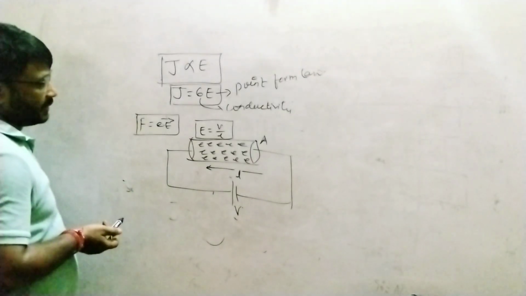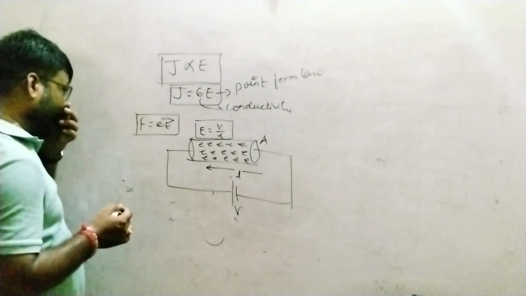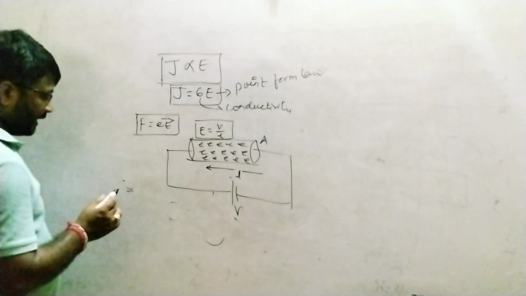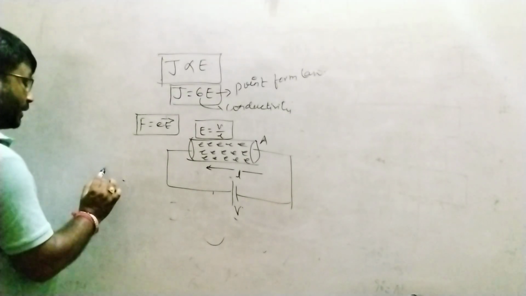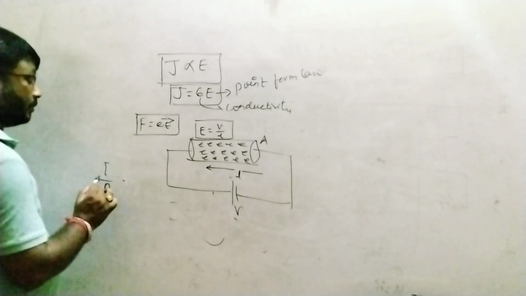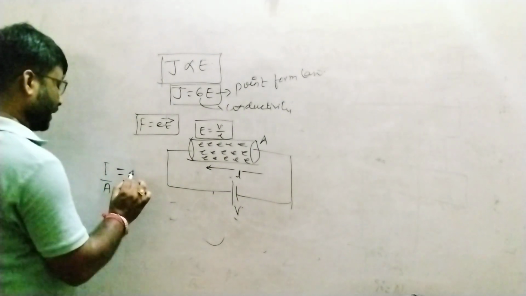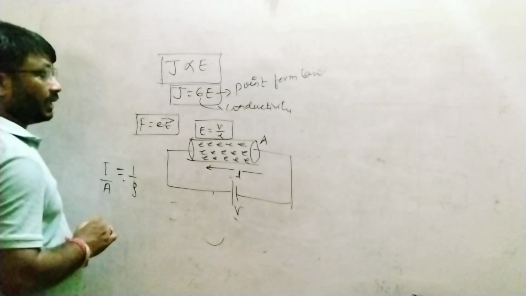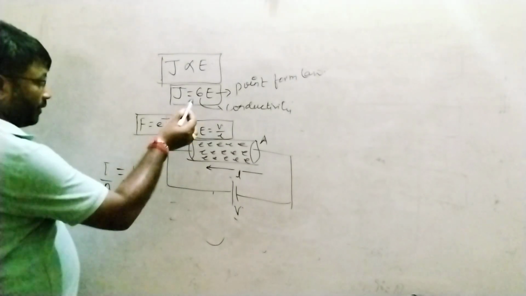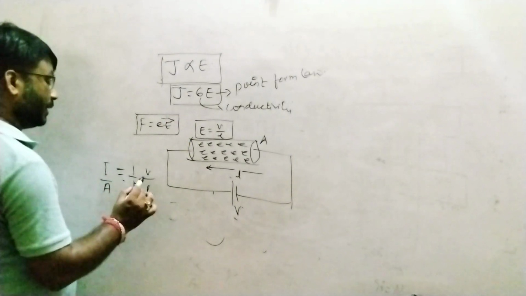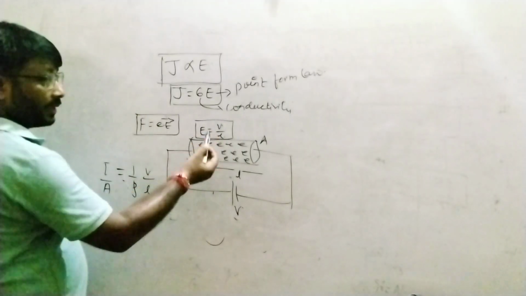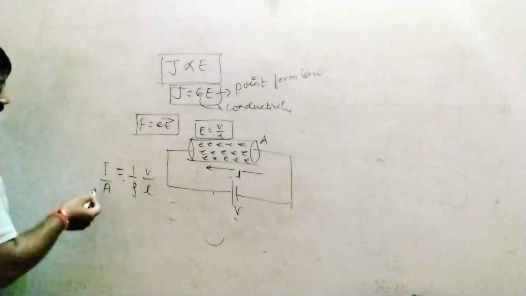So if I replace this here, we have the current density, we know J = I by area. Now resistivity, conductivity is defined as what? The reciprocal of resistivity. Now the electric field we know is V by L, the electric field established is V by L. Now we will interchange the terms.